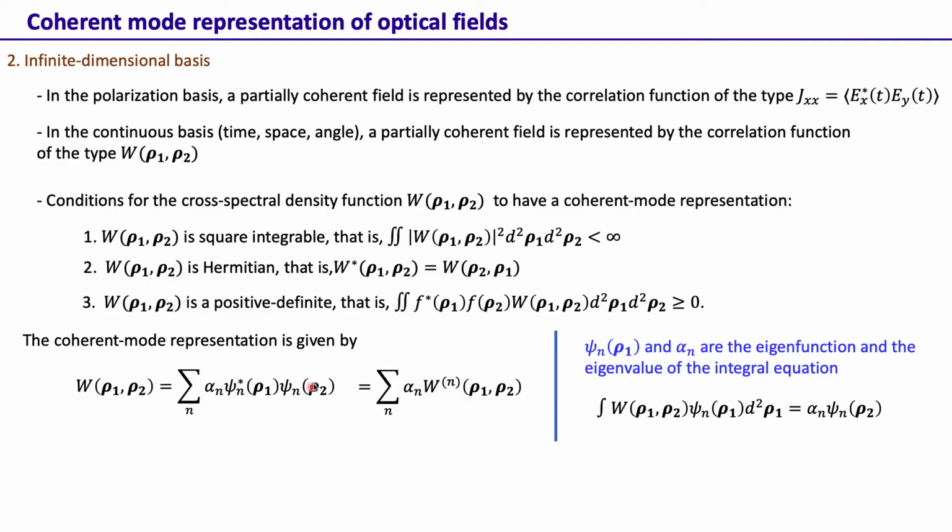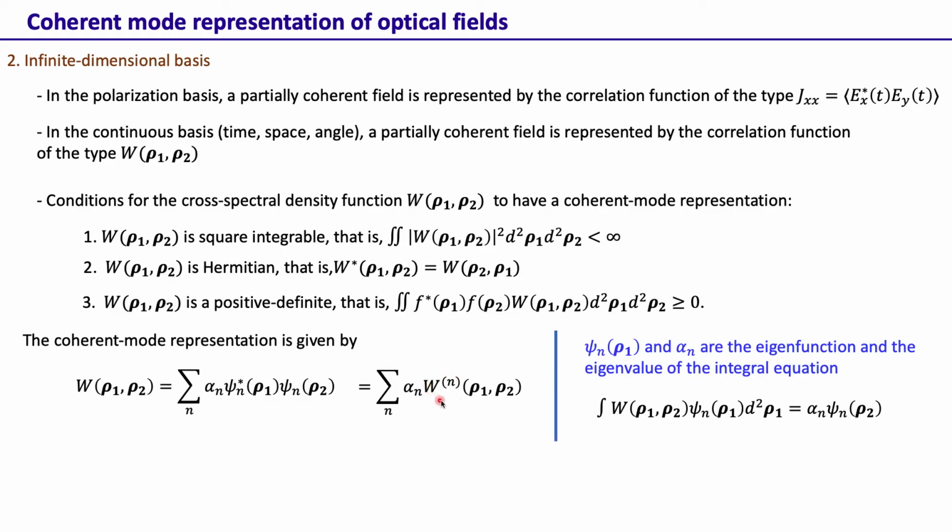So there is no ensemble average over here. Since psi n is an eigenfunction, it's a fully coherent mode, we don't need an ensemble average, and then we can write this as psi star n psi n, just some W n(rho 1, rho 2). So this is the nth coherent mode. This W n is a fully coherent mode because we are writing it just as a product of psi star n psi n and not as an ensemble average.